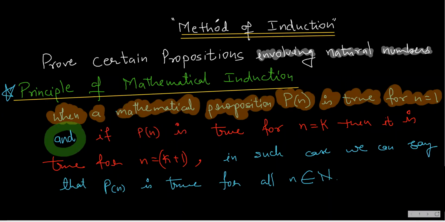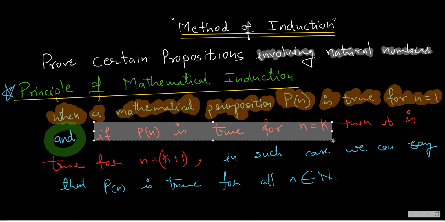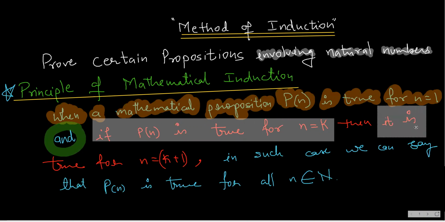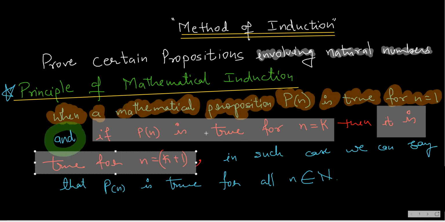See, the second stage, how does it follow? It starts with if P of n is true for n equals k. It means you will have to assume that P of n is true for n equals k. Under this assumption, you will prove it is true for n equals k plus 1.